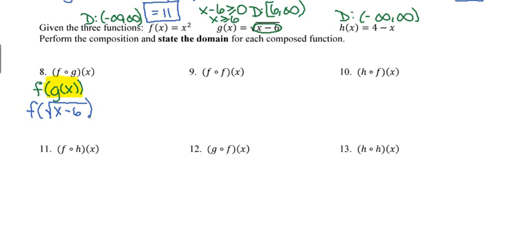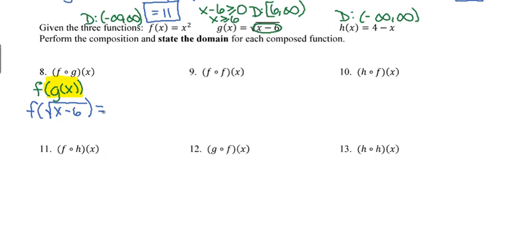So now I'm going to evaluate the square root of x minus 6 in my function f. So my function f, or the f of the square root of x minus 6, well, that says take my x value, or take my input, and square it.